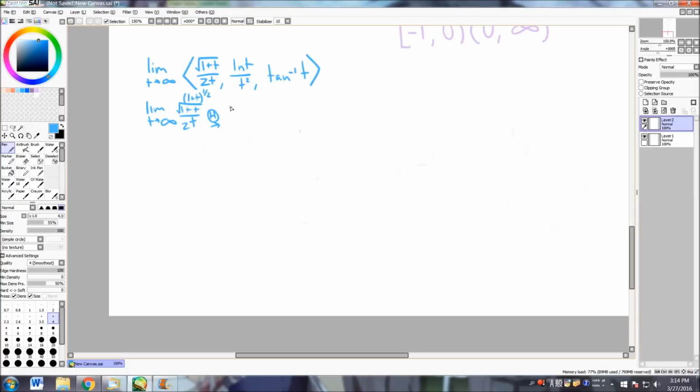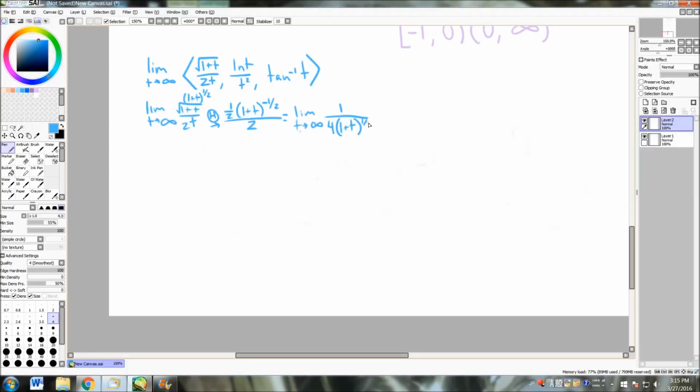The derivative of that is 1/2 times (1 plus t) to the negative 1/2, over the derivative of 2t, which is 2. So this equals the limit as t goes to infinity of 1 over 4 times (1 plus t) to the 1/2. Plugging in infinity, we get 1 over infinity, which equals 0.